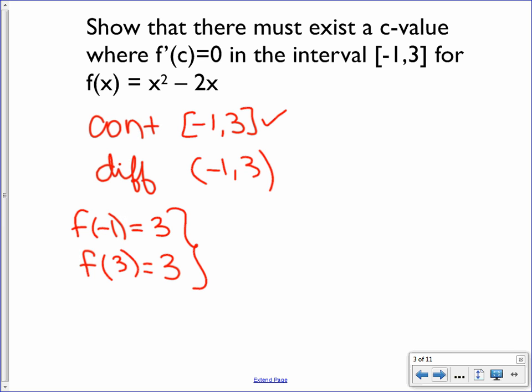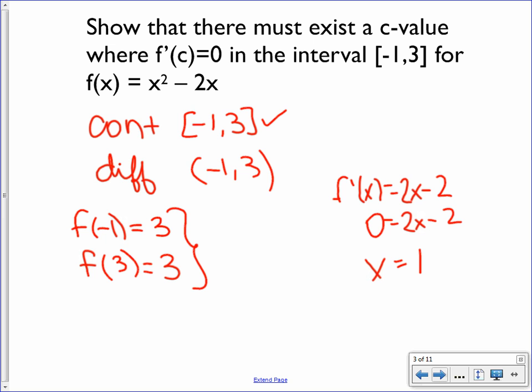Okay. So how are we going to find it? What is our derivative? 2x minus 2. And when is our derivative equal to 0? x is 1. Okay, and hey, cool, look at that. 1 is between -1 and 3.